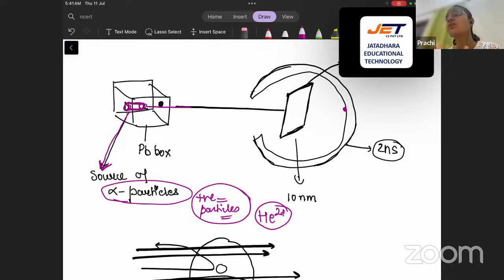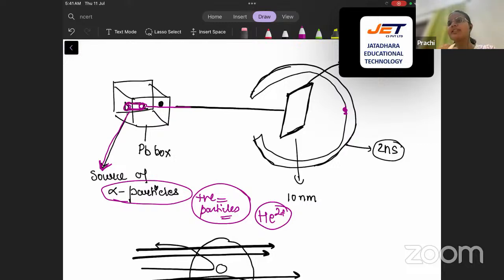That's how they'll know where these particles are hitting on the screen, correct? So this was their expectation: all the particles must pass and hit behind this sheet, which is made up of gold, right?